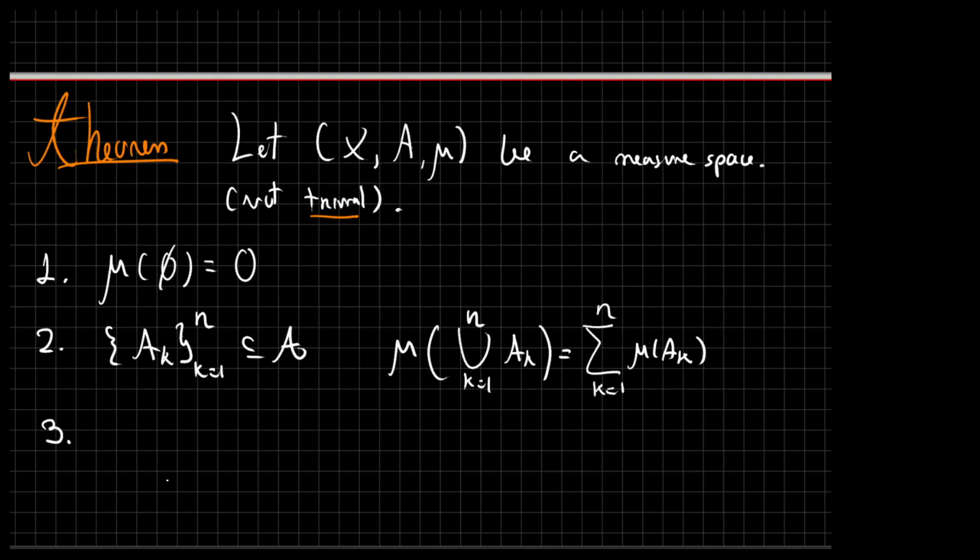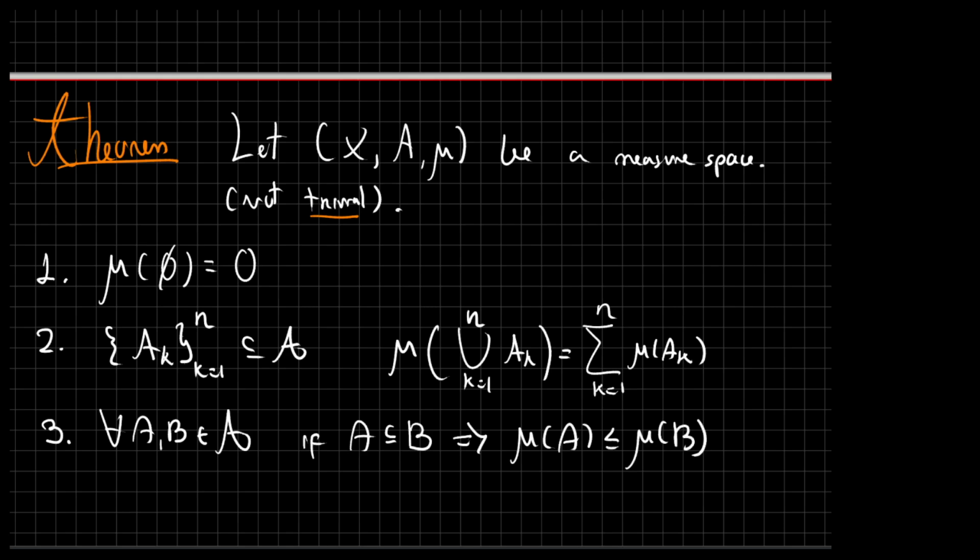A third is that for every elements of the sigma algebra, if it happens that A is a subset of B, then this is true.